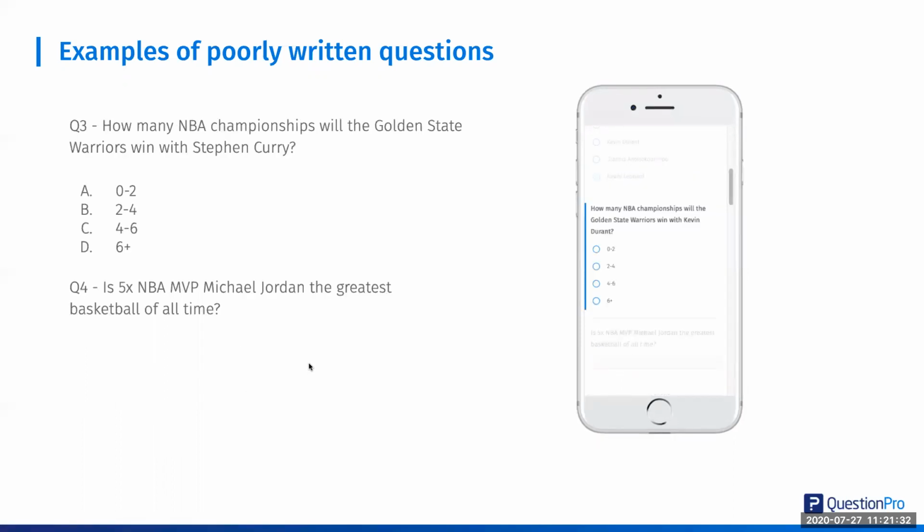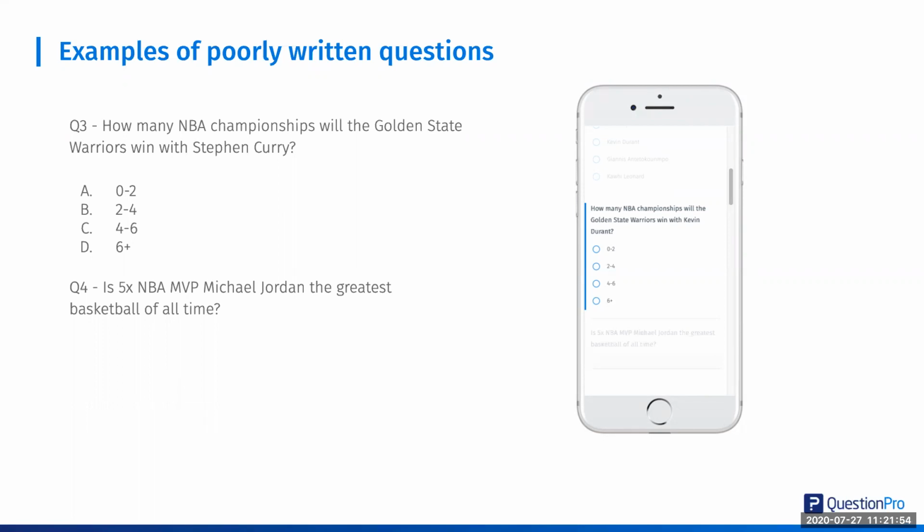And the next example, how many NBA championships will the Golden State Warriors win with Steph Curry? So I think it's pretty clear here, but these answer options aren't mutually exclusive. So if I said 4, would I select option B or C? So having these overlapping answer options will lead to obviously inaccurate data.